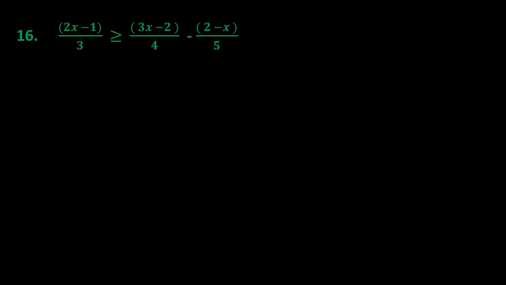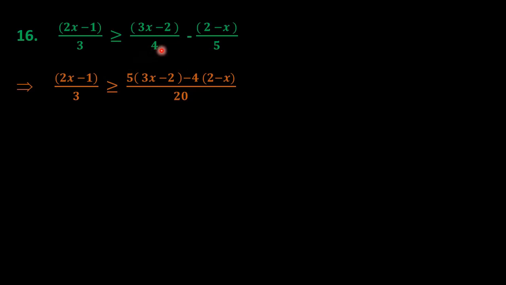Now let me solve question number 16. So there is an inequality symbol, and towards the left only one term is there, and towards the right there are 2 terms. So first let me simplify the right hand side. In the right hand side, LCM of 4 and 5 is 20, and the numerator of 4 we multiply by 5 and the numerator of 5 we multiply by 4.